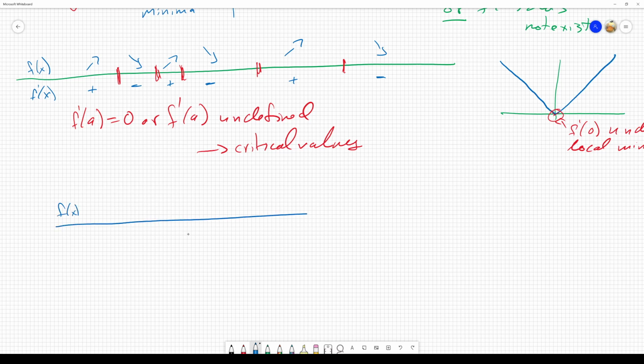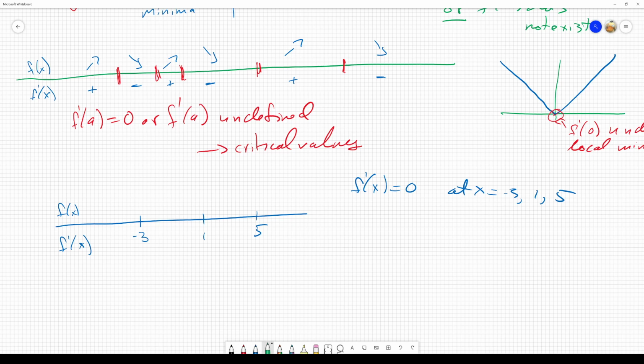I know that f prime of x equals 0 at x equals -3, 1, and 5. Then I can put on a number line -3, 1, and 5 like that.